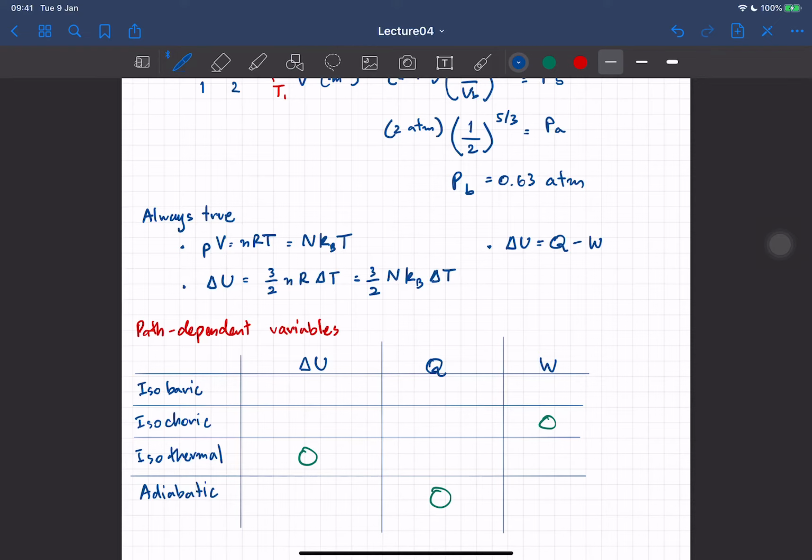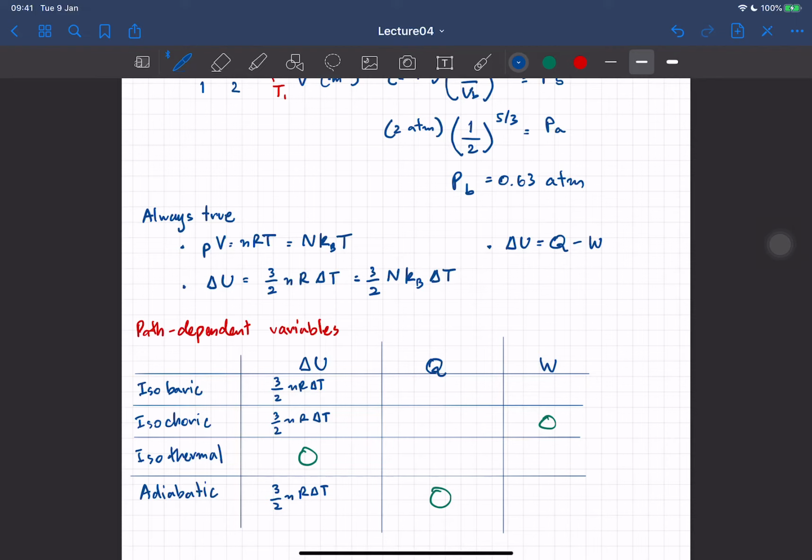The rest is just rewriting the equation that we have derived earlier. Delta U is always this. It might be 0 again, but it's the same formula all the time. So we can just write 3/2 nR delta T for every row in this table, except for the isothermal where it's exactly 0.